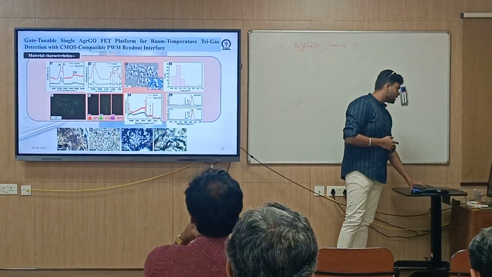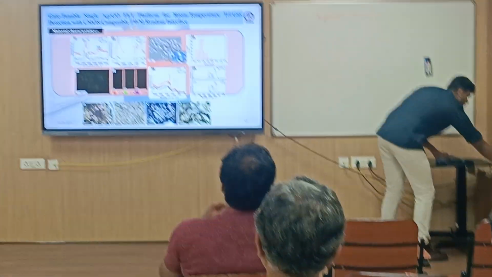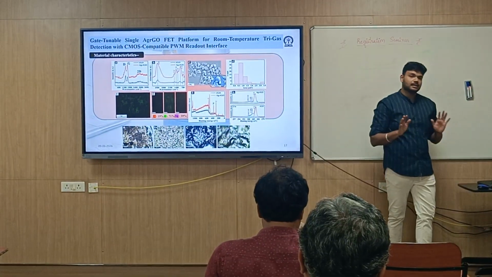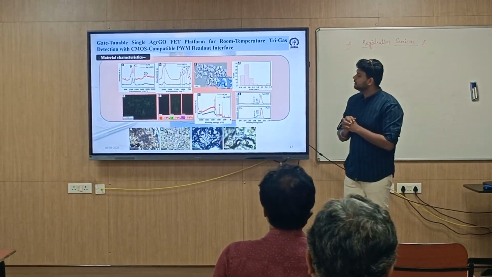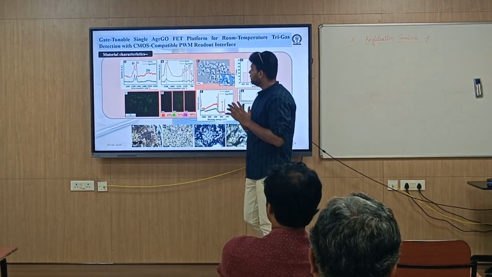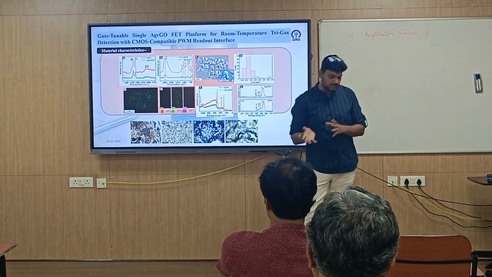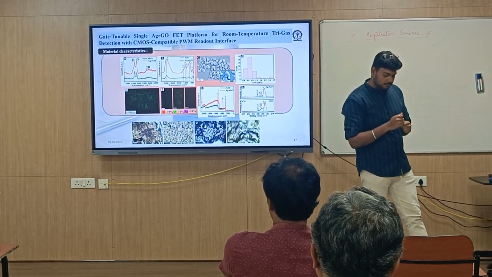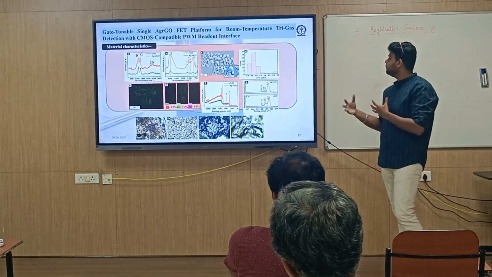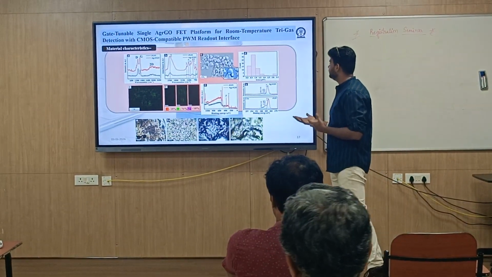So that's the material characterization; for the constraints of time, I just want to skip that. The characterization of the material is just to check the carbon, oxygen, in which oxidation state and which bonds are present in the material.